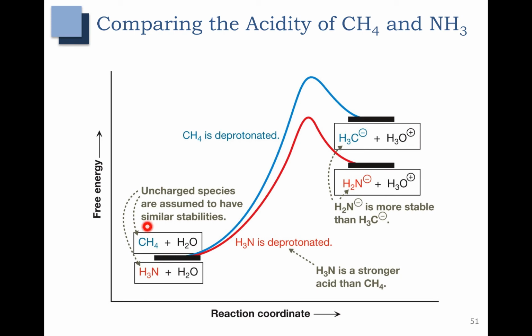And if you take a hydrogen off of CH4 methane, we end up with H3C minus, and this molecule over here is higher in energy than NH2 minus. That means that it's harder to take a hydrogen off of methane, and that means that methane is less acidic. You can see over here that NH2 minus is more stable, or ammonia is a stronger acid than CH4. That doesn't mean it's a strong acid, of course. We just are seeing that it's slightly more acidic than CH4.